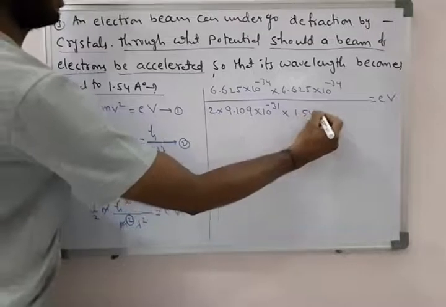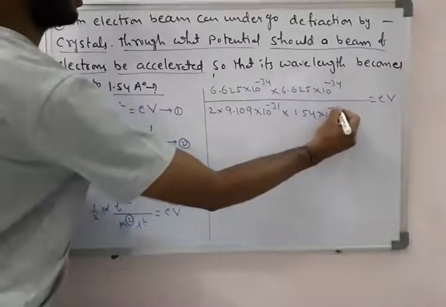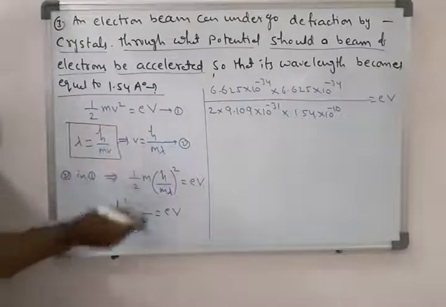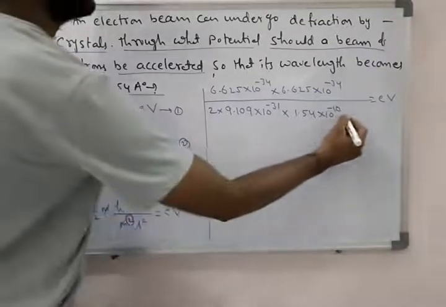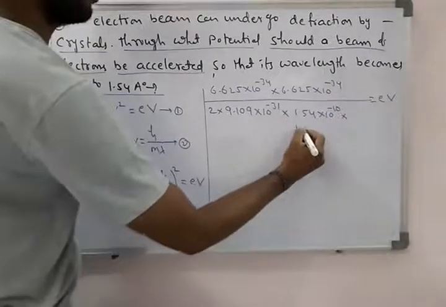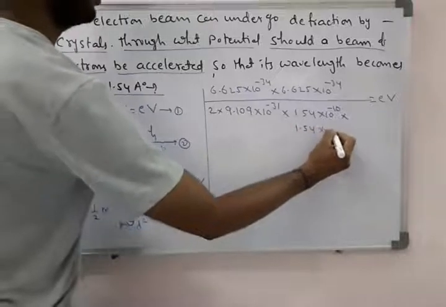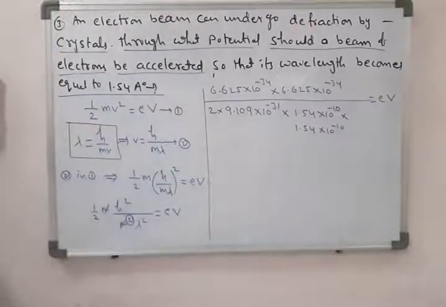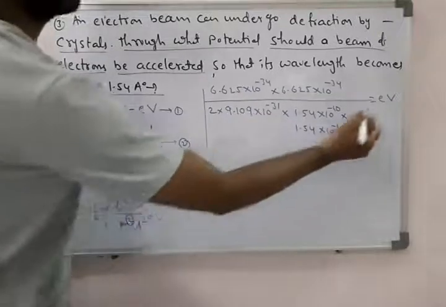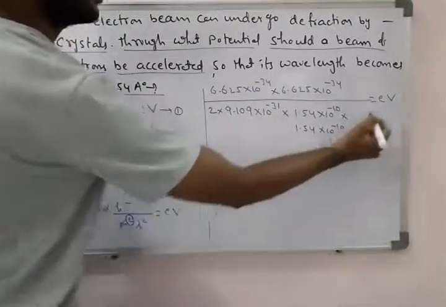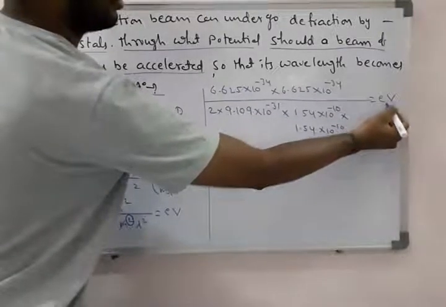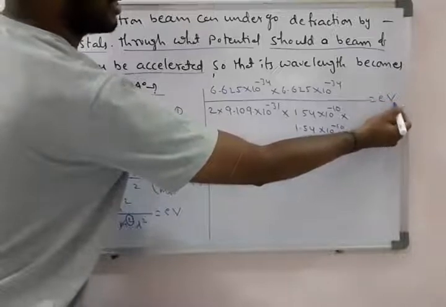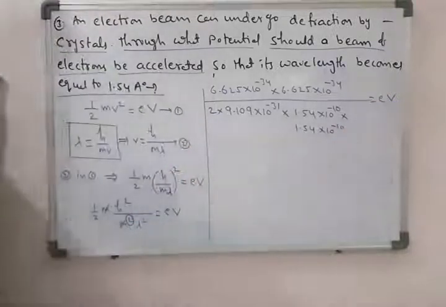Angstroms converted into meters. Lambda square means again 1.54 into 10 to the power of minus 10. This e is the charge of the electron, and V is the potential.